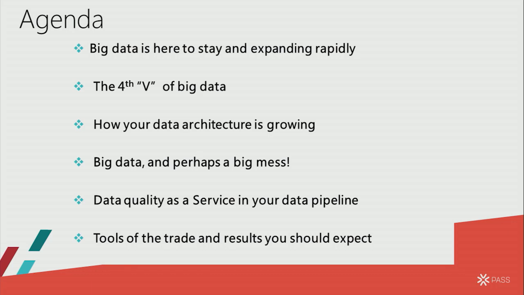So I'm going to talk about that, but I'm going to throw in a fourth and maybe a fifth, all right? We'll see. I'm going to present to you an architectural solution that is potentially useful for anyone in this room, and at least something for you to consider, and show you how to plug data quality, I call it data quality as a service, into it.